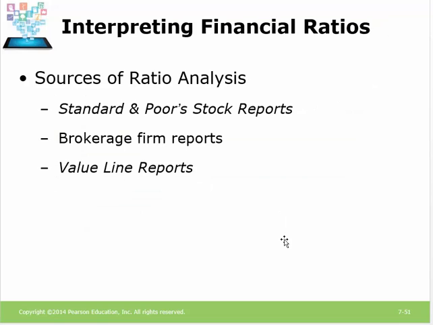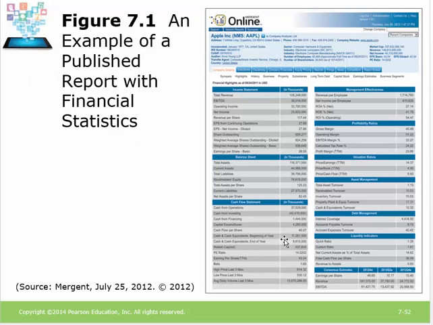So we can look at a lot of places to find ratios. There are different publications that are available. Standard & Poor's provides some stock reports. Those stock reports have some ratio analysis in them. So here's a picture from Mergent. Again, this is available, but this is not free.